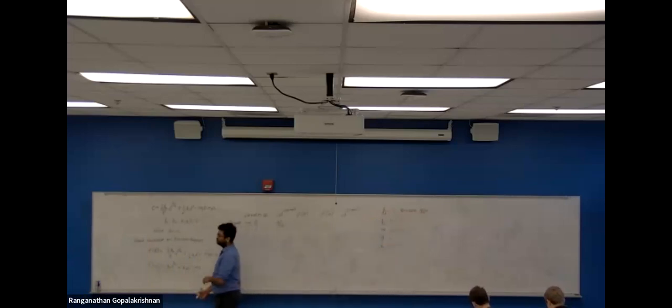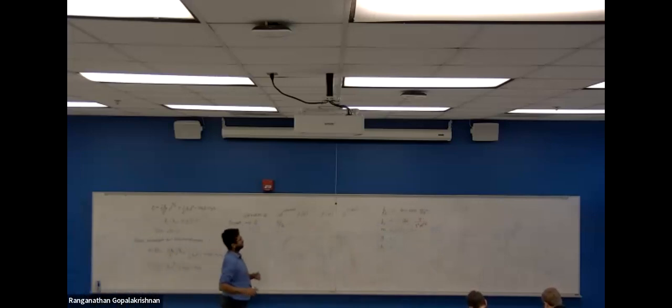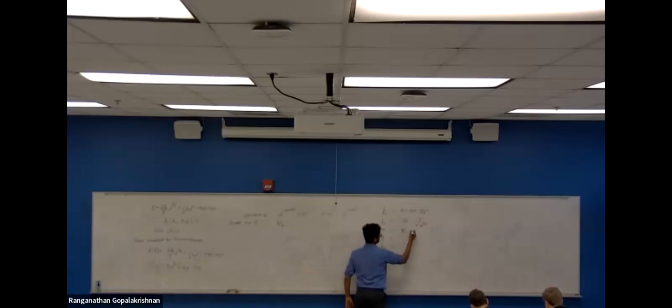K2 is 40 grams per second squared per square root of meter, that is, meter to the half. M is 95 grams. G is 9.81 meter per second squared. And H is 0.43 meters.